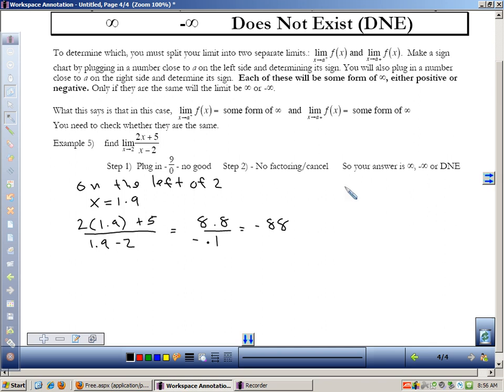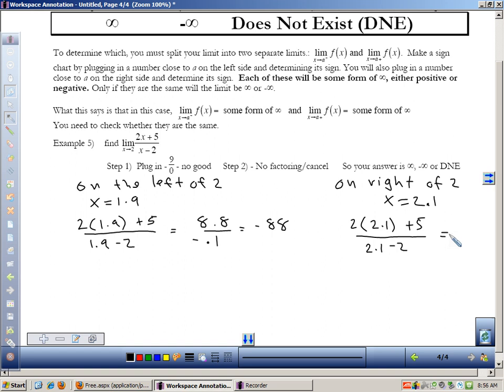On the right of 2, I'm going to pick a number a little bigger than 2. So we're going to the right. I'm going to let x equal 2.1, just a little bit bigger than 2. We'll plug that in: 2 times 2.1 plus 5 over 2.1 minus 2.